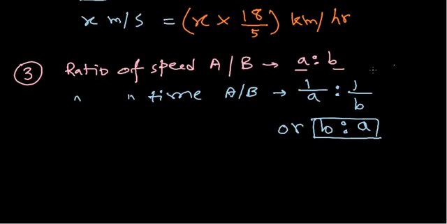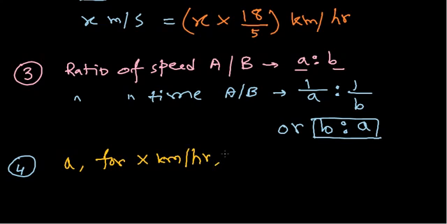The last formula I'm going to talk about today is again not required in all the problems. Some problems say that a man travels a certain distance, suppose distance a, at a speed of x kilometer per hour, and the same person travels the same distance at y kilometer per hour, right?